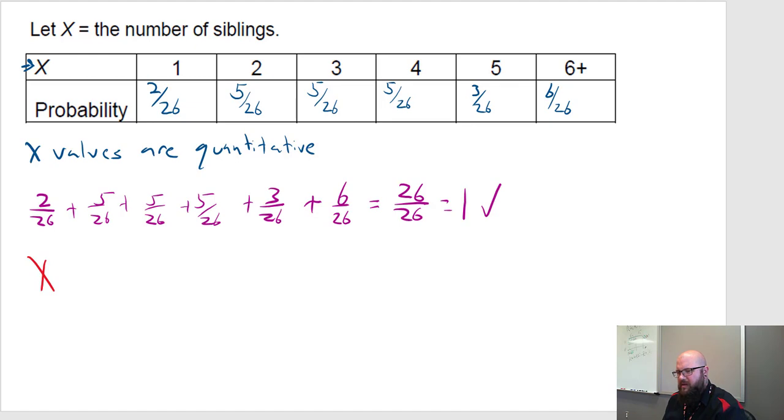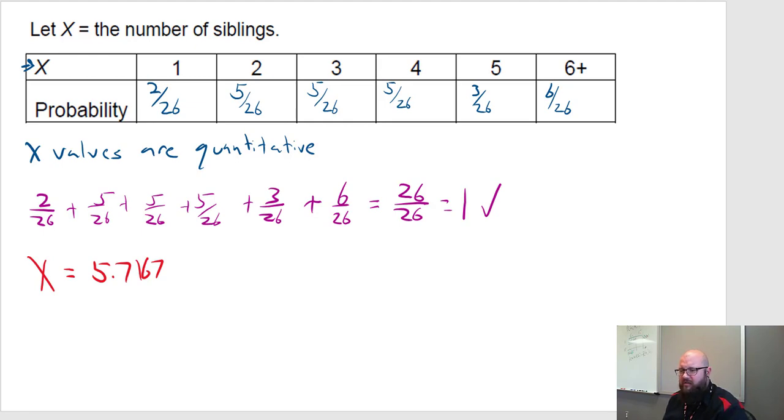Would it be possible to say your X value is, let's say, 5.7167? Can we have the number of siblings be 5.7167? No, you could not have that, right? You couldn't have a decimal or a fraction of a sibling.